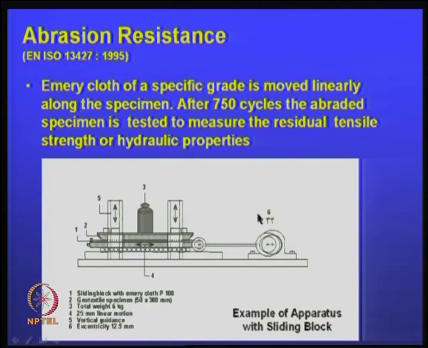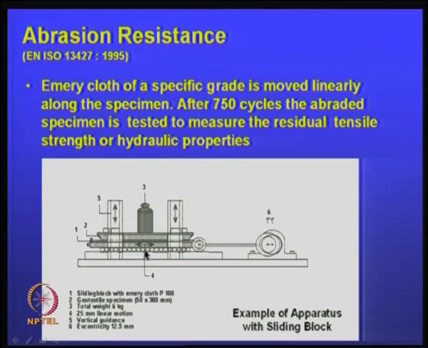There is another test called the abrasion resistance test, in which emery cloth of a specific grade is moved linearly along the specimen. After 750 cycles, the abraded specimen is tested to measure the residual tensile strength or hydraulic properties. Abrasion is one important property that can influence both tensile strength and hydraulic properties.